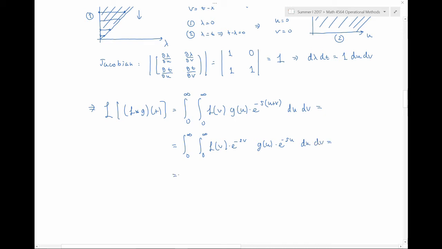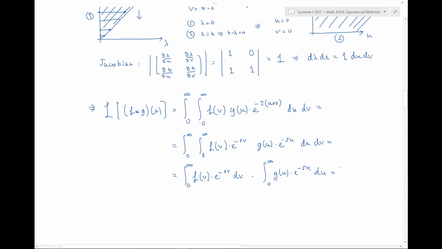This can easily be written as a product of the integrals, because now the integrand is completely decoupled. I have an integral of f of v times e to the minus sv dv times the integral of g of u times e to the minus su du.